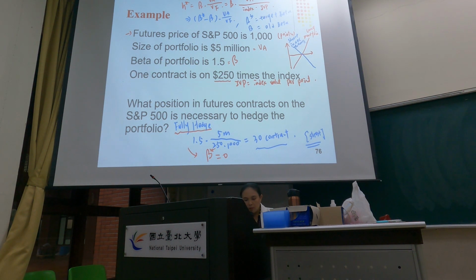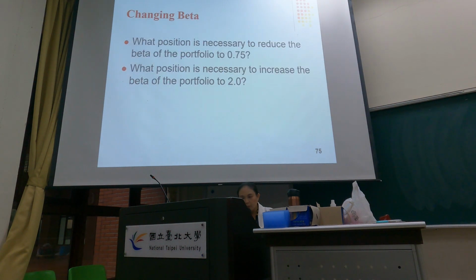Okay. Now, the question is, what if you don't want to fully hedge, but you want to change the beta? So you want to adjust the beta. What position is necessary to decrease the beta to 0.75, or alternatively to increase the beta?